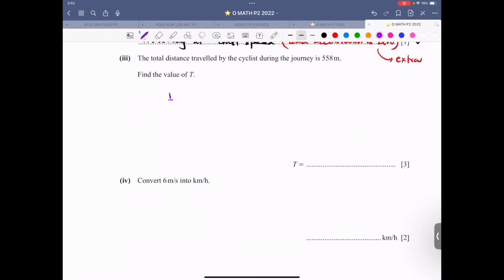So half the sum of parallel sides, that is 82 plus t, multiplied by 6, is equal to 558. 82 plus t is 558 into 2 divided by 6, and then make t the subject. So the value of t is coming out to be 104. That's the answer for this one.